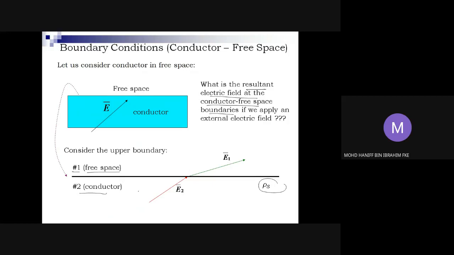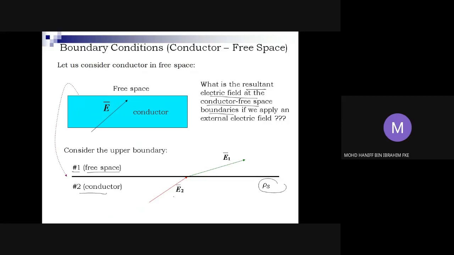So in order for us to find the boundary conditions, or the electric field at the boundary between the free space and the conductor, we need to obtain the relationship between E2 and E1. That is the first thing that we need to obtain. We need to find the relationship between E2 and E1 so that we can find what should be the value of the electric field at this particular boundary between the free space and conductor.